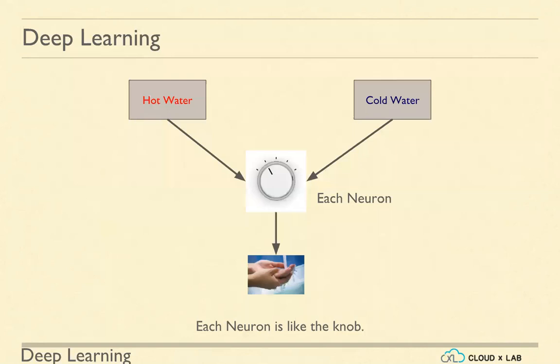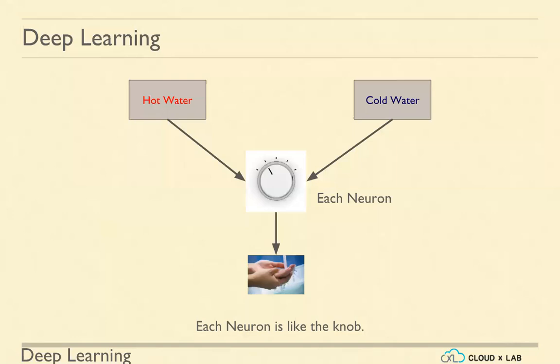So this is an extremely simple example, a simple analogy to understand what it means by training, what it means by an individual neuron. So an individual neuron is like a knob that you can tweak. Okay, basically the program, the optimizer, the algorithms, they tweak the knob in order to meet the expectation.